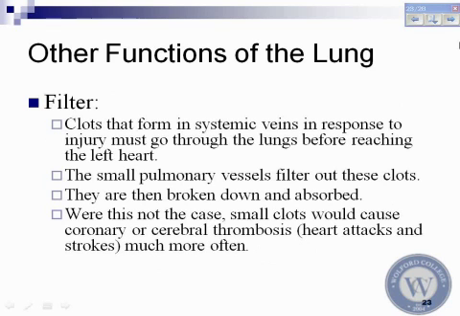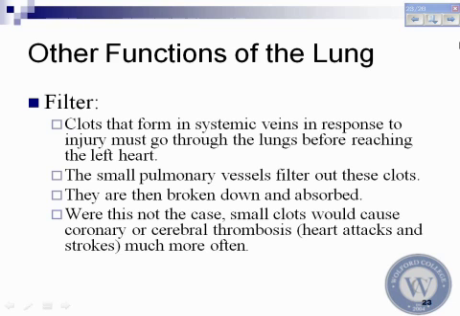The other function of the lung is that it acts as a filter. It basically filters out air that may entrain in your system. It also filters out clots. Most of the clots that get into your venous side and eventually reach your pulmonary circulation are usually broken down and you never perceive it.